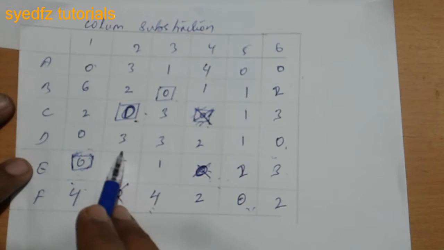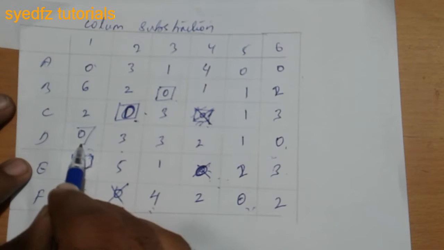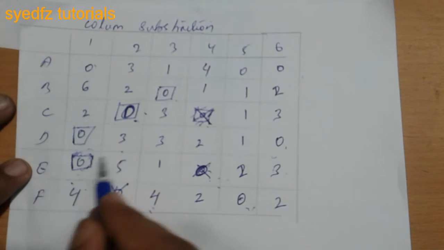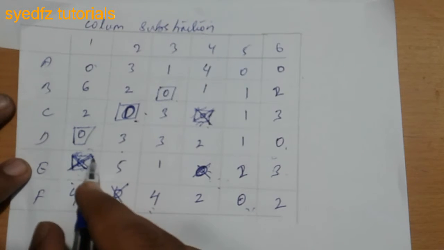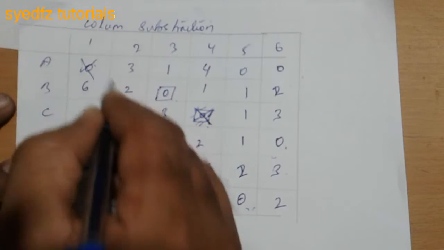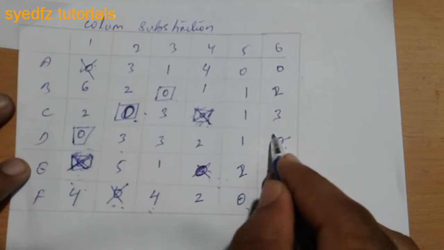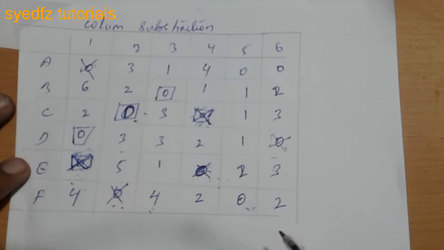Now go for 2 zeros again. This one should be taken. If you take this one, by default it will be cancelled, and from above this one also, and from the row this one also will be cancelled.